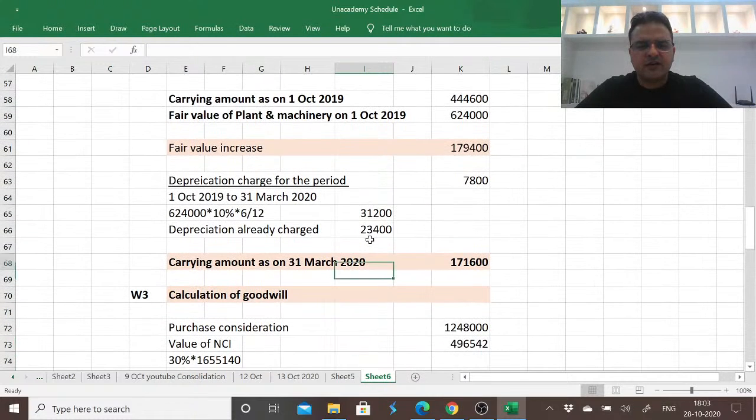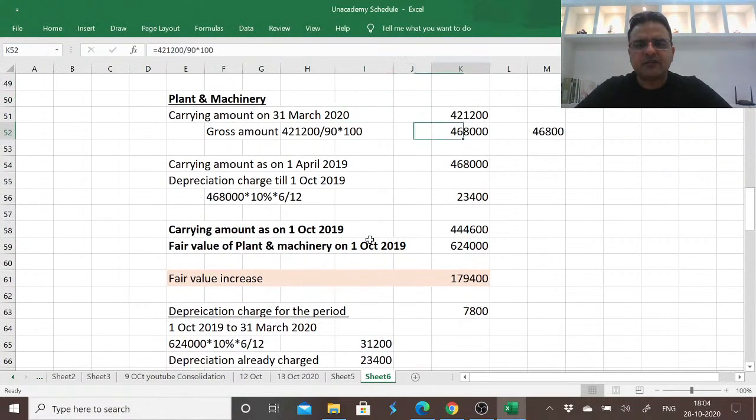We got to know that depreciation was already charged for the period. Total depreciation charged in this amount was 46,800. Depreciation charged for the 6 months was 23,400. So how much depreciation must have already been charged from the period 1st October 19 to 31st March 2020, which was already included in this amount of 421,200?